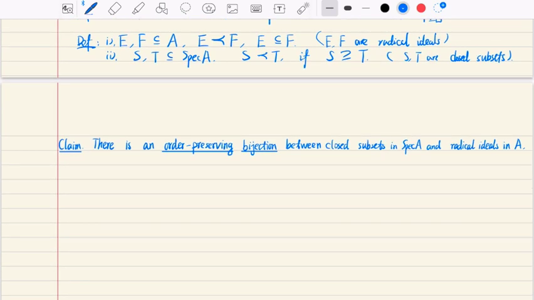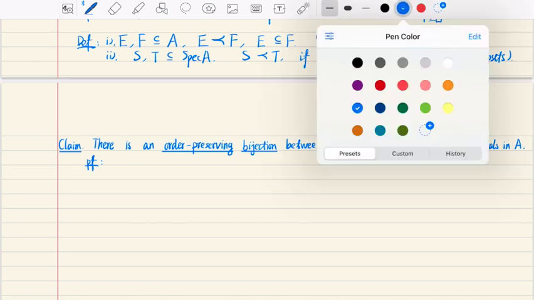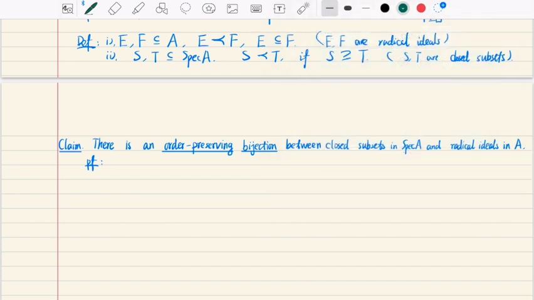Okay, so for the proof, we need to construct the bijection, or maybe a pair of bijections.